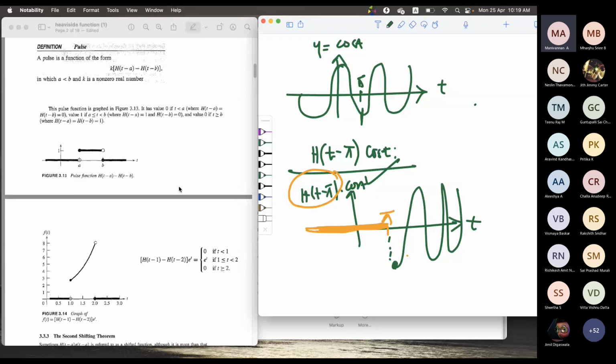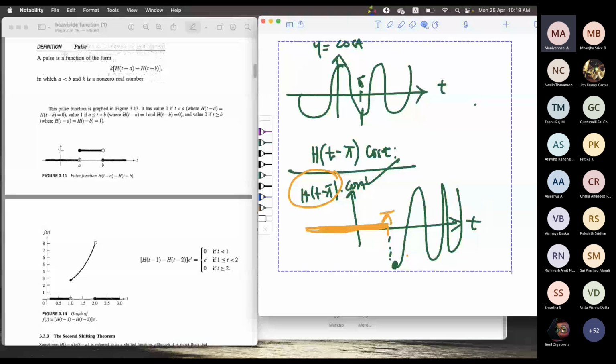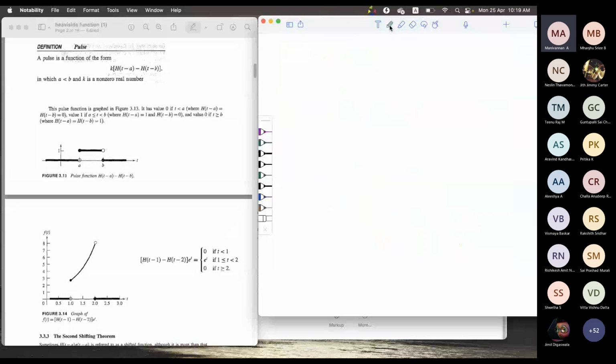Yes. Okay. Now the pulse function. In the last class itself we discussed the pulse. Consider this graph.